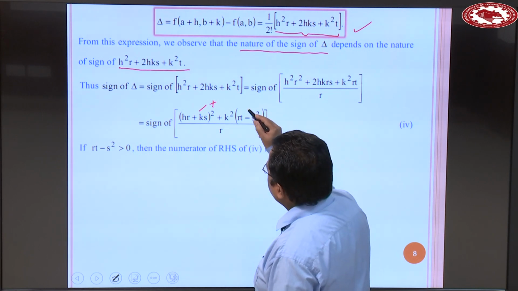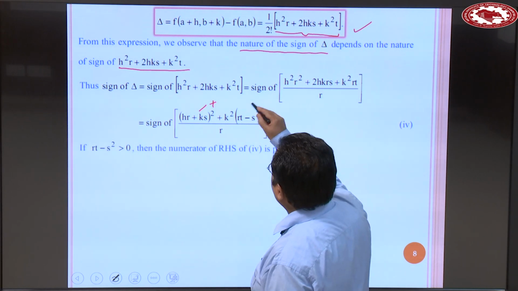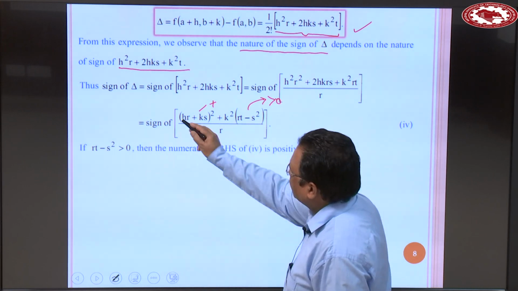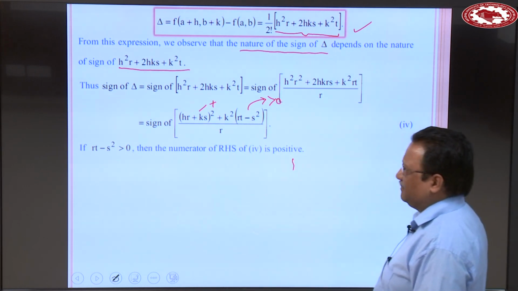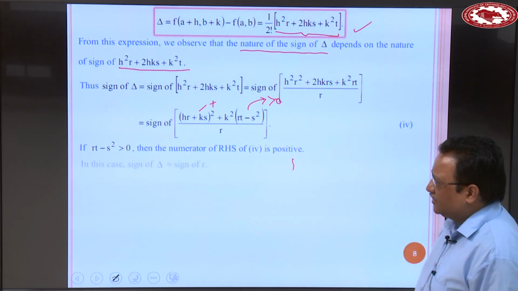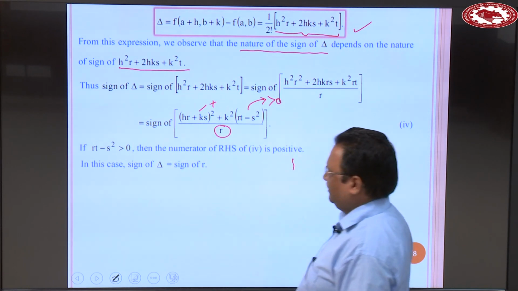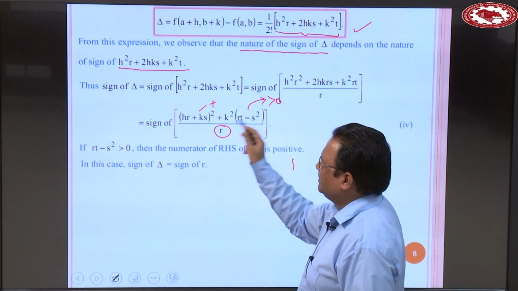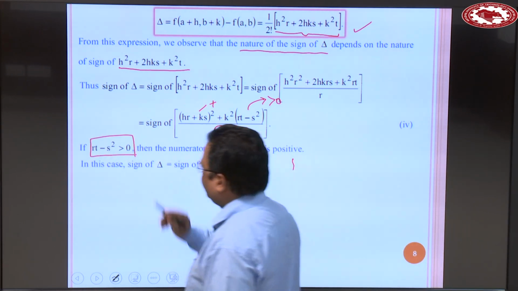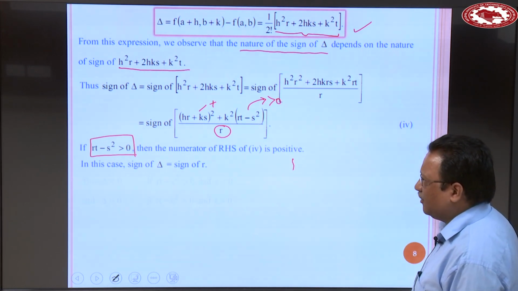So the whole term in the numerator is positive. So, in this case, the sign of del depends upon the sign of r, because this bracketed numerator is positive under this condition. So, in this case, sign of del is equal to sign of r.